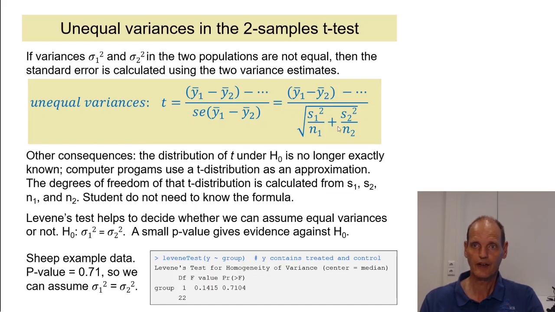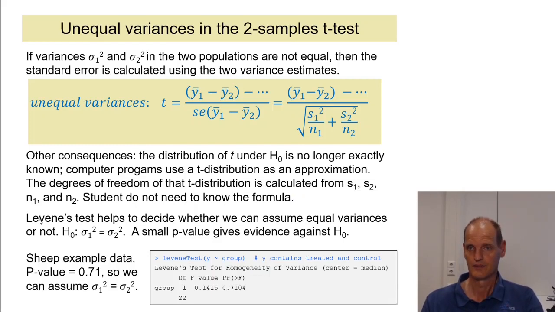So the standard error estimate changes, and another consequence is that the distribution of t is no longer exactly known. So we use a certain t distribution as an approximation, and the degrees of freedom are calculated from the standard deviations and the sample sizes in the two groups. But you don't need to know that formula, but you can find it in the book.